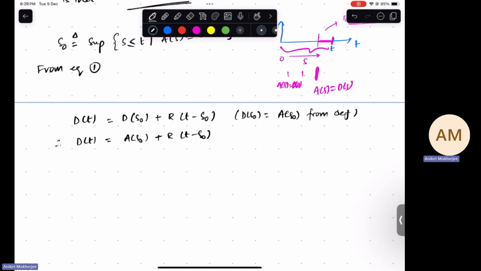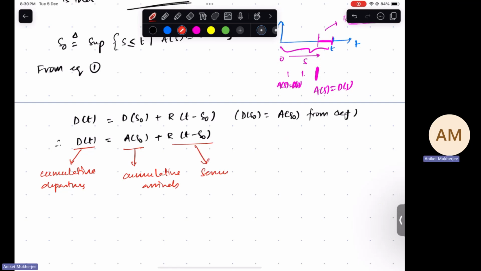So what we're trying to build up is a relation between the cumulative departures, cumulative arrivals, and the service characterization. Why do we want to do this? The motivation behind this is we want to analyze systems as a linear system.